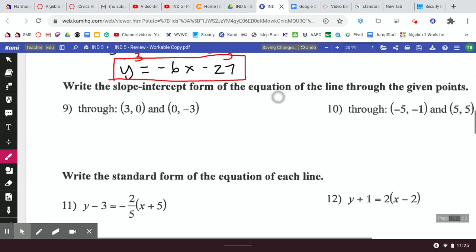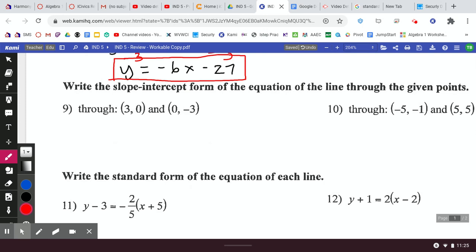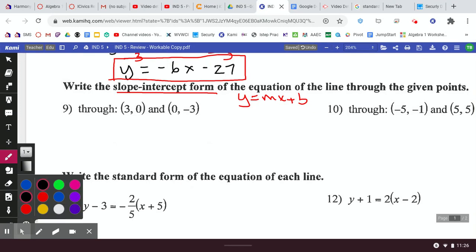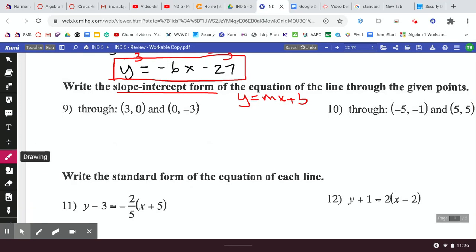Bryn, the directions say write it in slope-intercept form given 2 points. So here we go. This is what we're shooting for. What's my first step? Yeah, I have to find m. Can't do anything with a linear equation without the m.